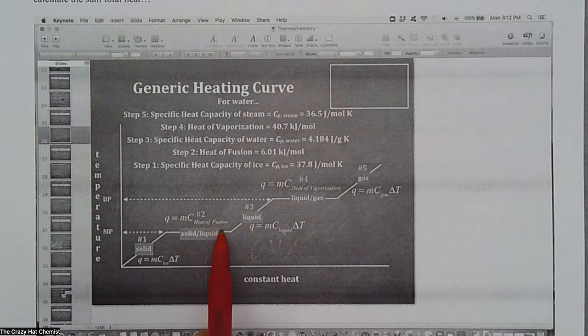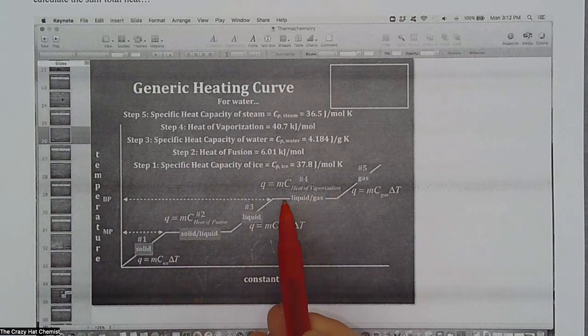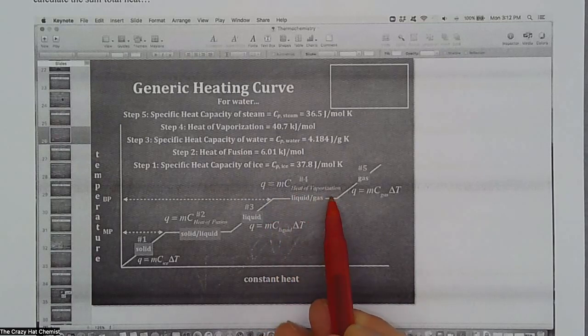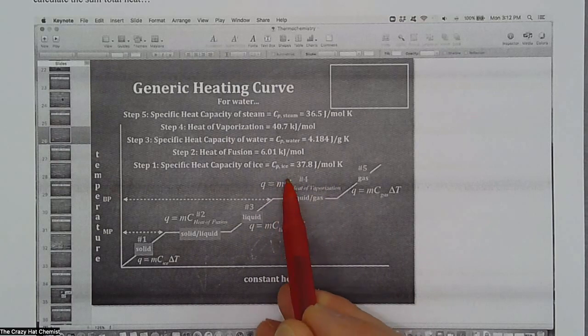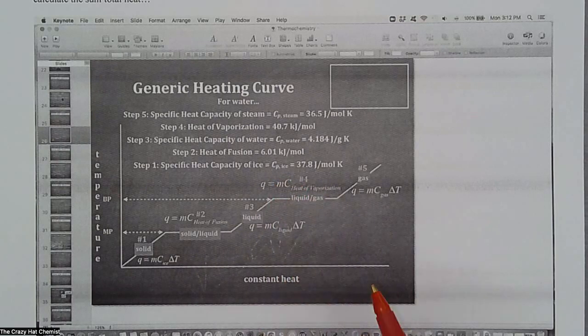Whereas at the melting point, where the constant used is called the heat of fusion, there is no change in temperature in that equation because the temperature is constant. You're breaking intermolecular forces as you proceed from a solid to a liquid, and the same thing here as you proceed from a liquid to a gas. Again, with the heat of vaporization, you are not having a change in temperature.